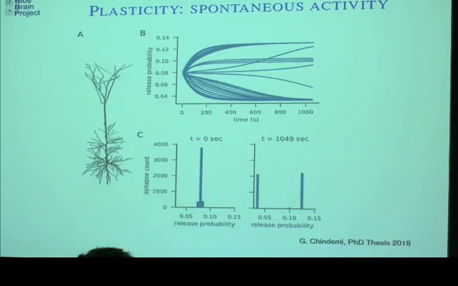What they found at the end of the simulation was that even though they gave a nice Gaussian distribution of the weights at the beginning, they tended to form a bimodal distribution at the end. They naturally separate into weak and strong.